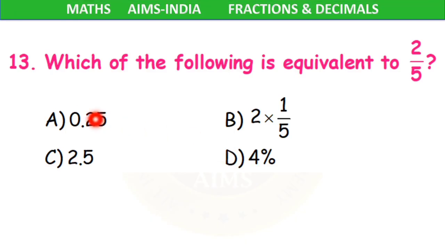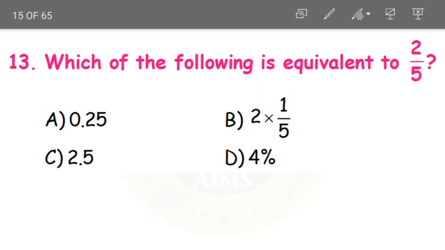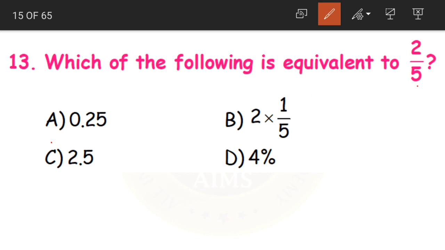Yes? Next question. Which of the following is equivalent to 2 by 5? Now if you look at the options carefully, 0.25 is nothing but 25 by 100. 2 into 1 by 5. How do we multiply, children, the fractions? Here we have 1 as the denominator.